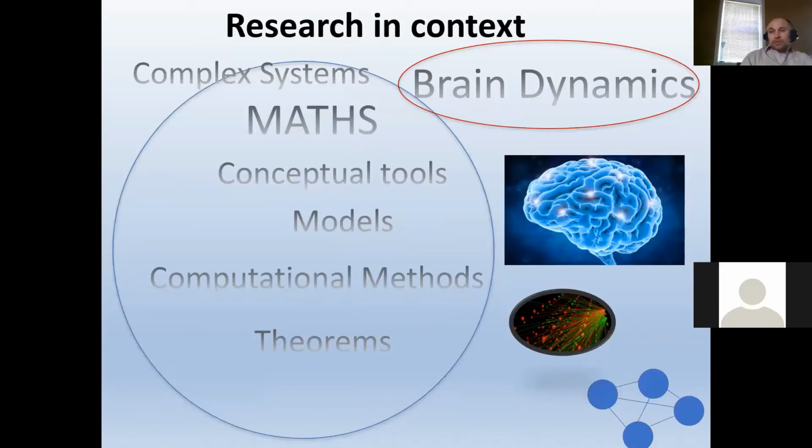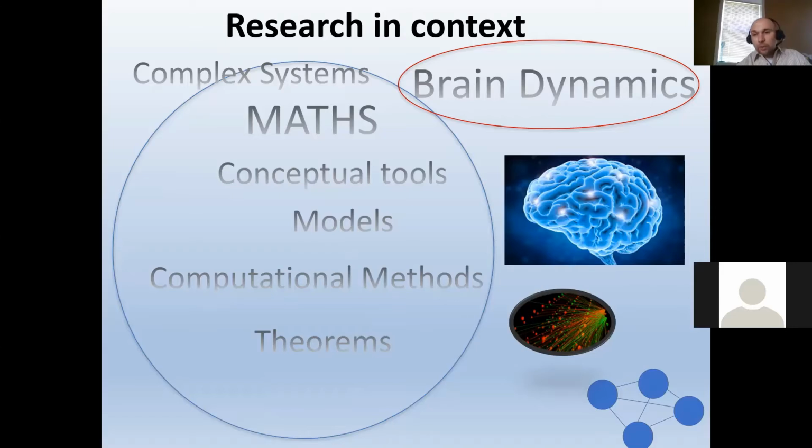Just a little bit of context around this course. Most of the models that we discuss are in neuroscience, which is something that we do at Le Havre University in the applied math laboratory.